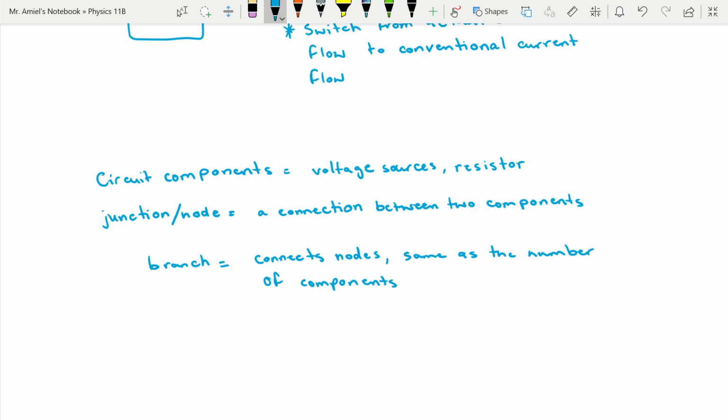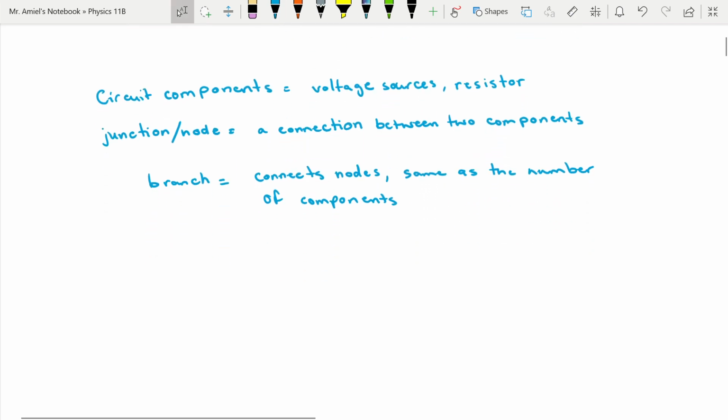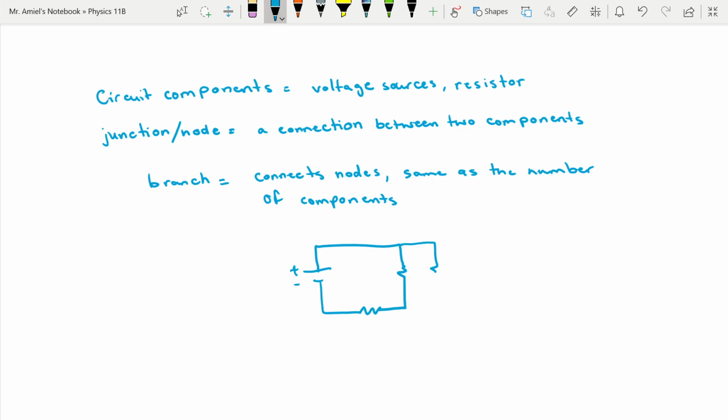So let's just draw a quick circuit and see what we're talking about here. Put a resistor there, put a resistor there, and we'll come here and put another resistor here.